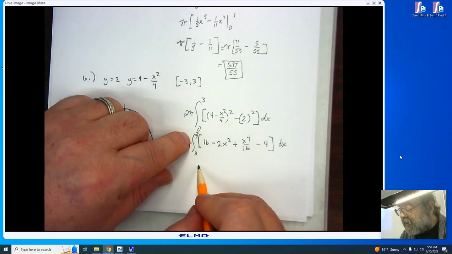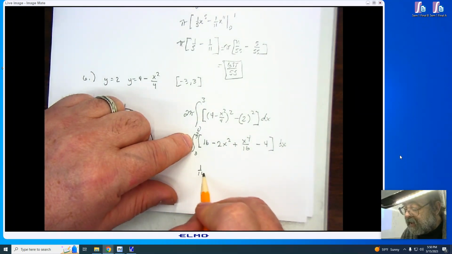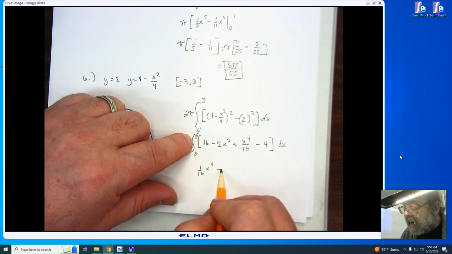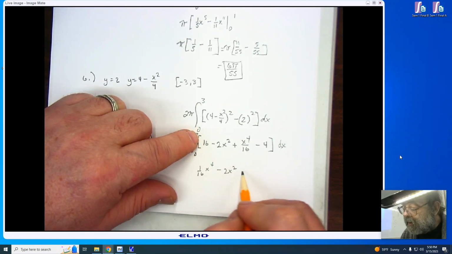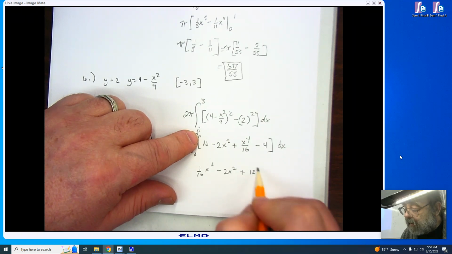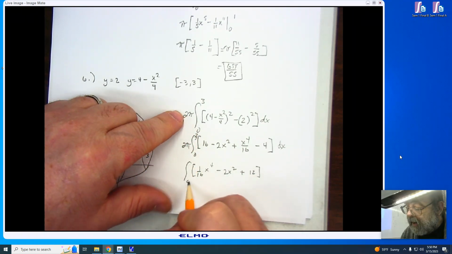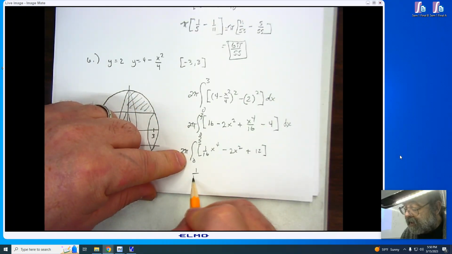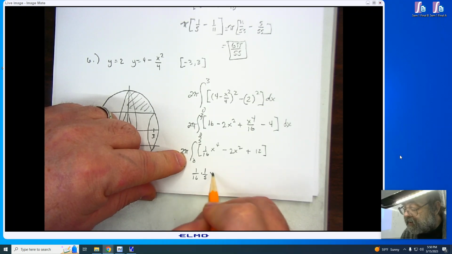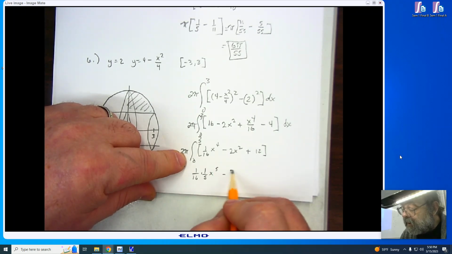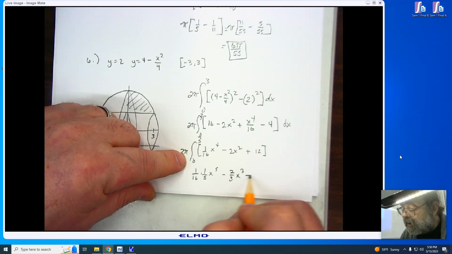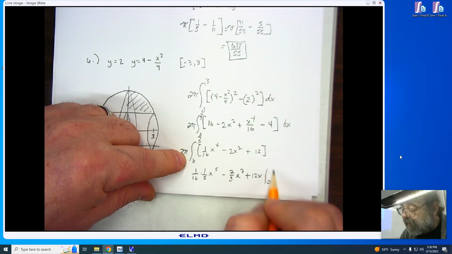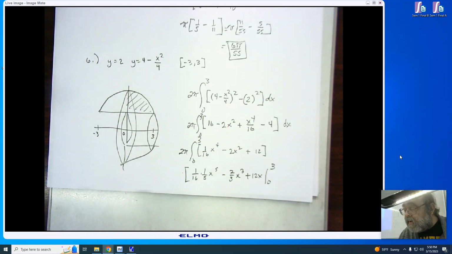So when I simplify, I'm going to have 1/16 x to the 4th minus 2x squared plus 12, integrated from 0 to 3 times 2 pi. So I have 1/16 times 1/5 x to the 5th minus 2/3 x cubed plus 12x from 0 to 3. Now the only value that's really going to matter is the 3. So I have 3 to the power of 5.